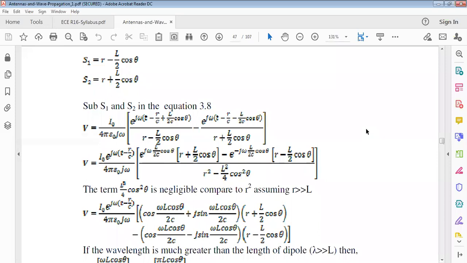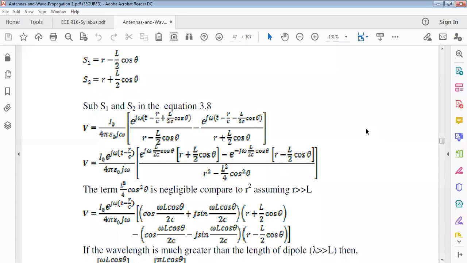The short electric dipole is located on the Cartesian coordinate system in the direction of Z only. That's why towards the X direction and Y direction, the short dipole is unavailable. But the field components ER, E theta and H phi exist. That is also very simple, I will show it in my derivation.